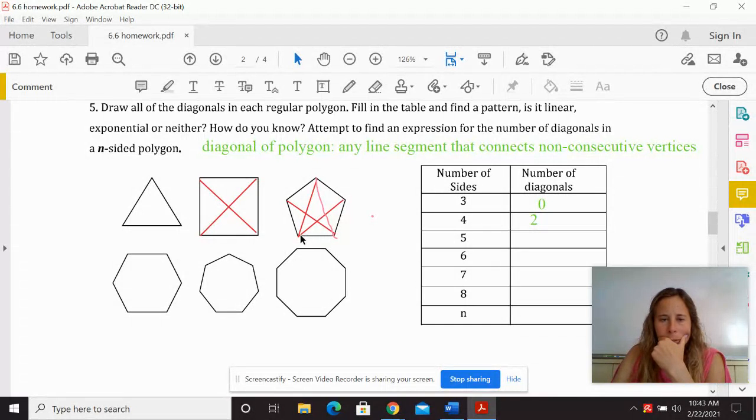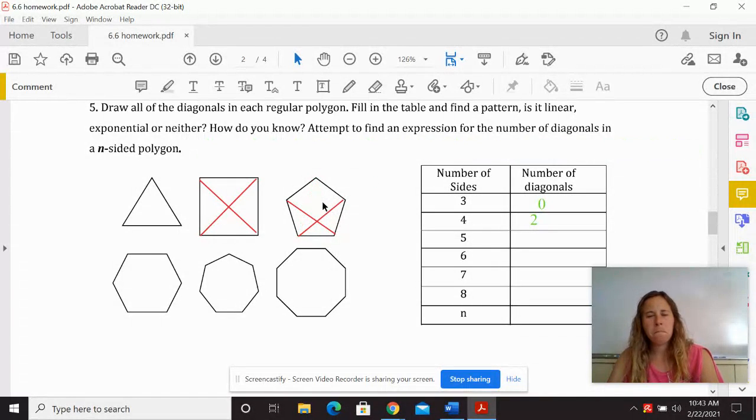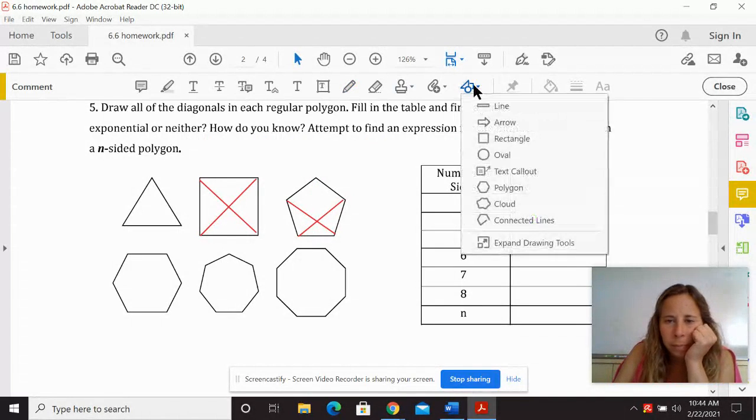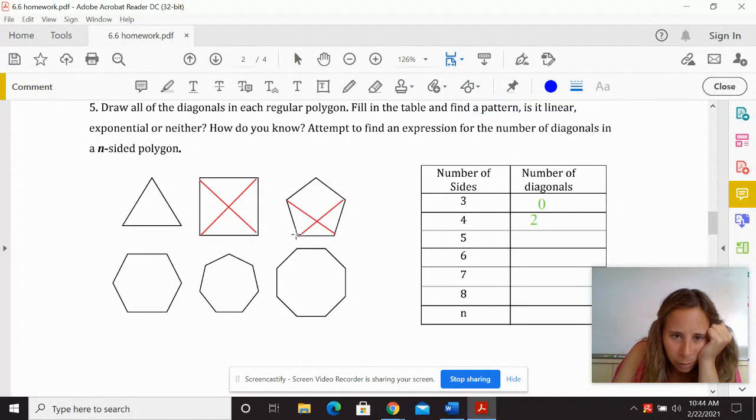Connect those two. 1. Okay, 1, 2, 3, 4. Okay, 1, 2. Okay, this one can't go there, but it can go up to there. So that's 2, 3.